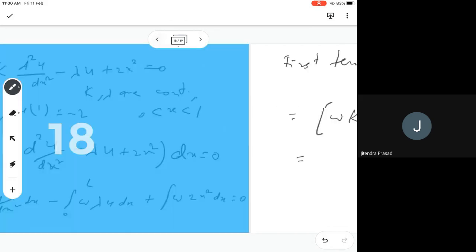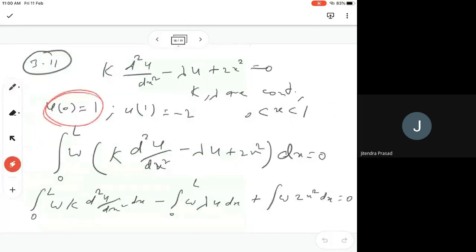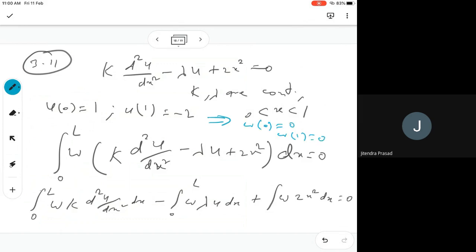Given is u(0) is 1 and u(1) is -2. That really means that at both ends the essential boundary condition is given, so W(0) equals 0 and W(1) is also equal to 0.